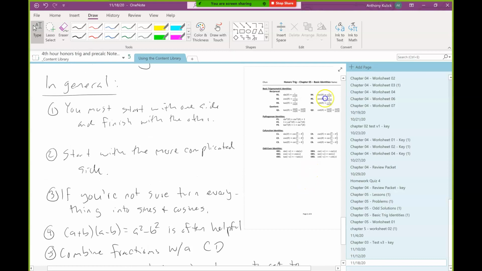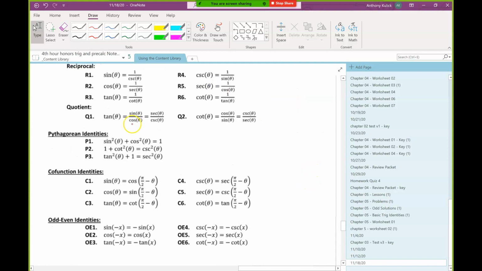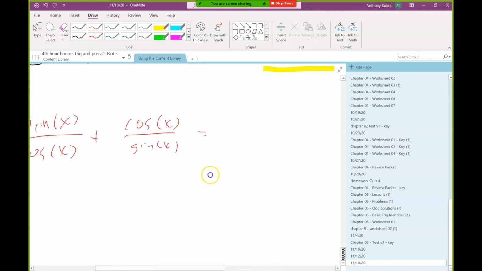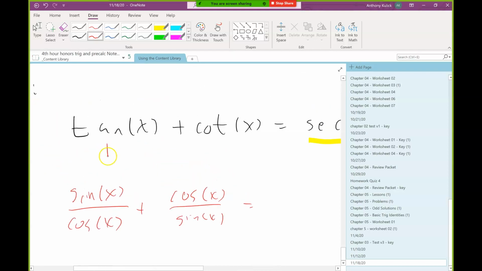Just FYI, what I used to do that was Q1 and Q2, so if you're looking at your identity sheet while I'm doing this, that's often going to be helpful. How do you know which rule to use? Well, I was trying to turn everything into sines and cosines, and the only identities I have with tangent in them that also have only sines and cosines were those 2 identities.